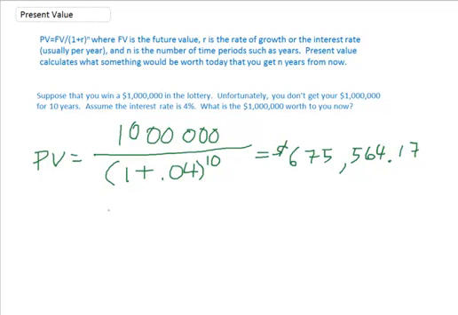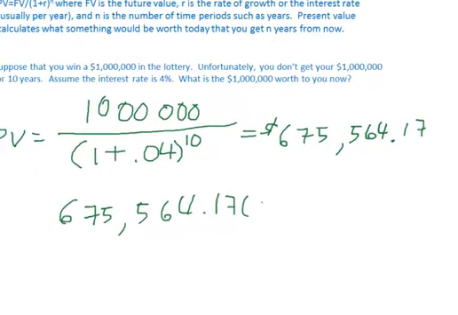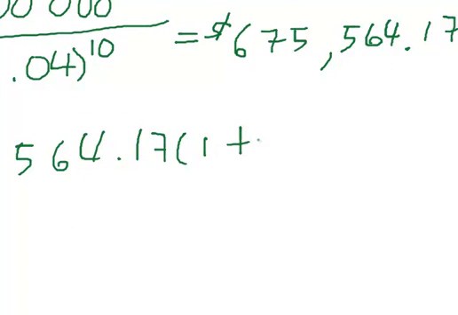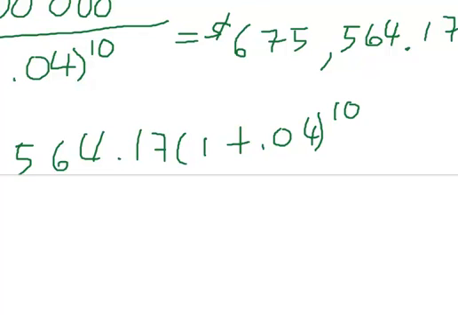In fact, let's double check our work. So we'll take our 675,564.17, and that's actually rounded. And then we'll multiply that by 1 plus 0.04 for 10 years. And what do you get? Well, let me calculate it really quickly here.